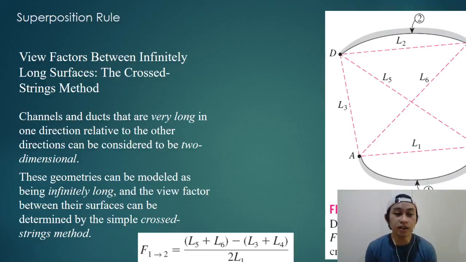These geometries can be modeled as being infinitely long, and the view factor between the surfaces can be determined by the simple crossed-string method. From the figure, you can see there are lines 1 until 6. So this is the determination of the view factor F1 to 2 by application of the crossed-string method.